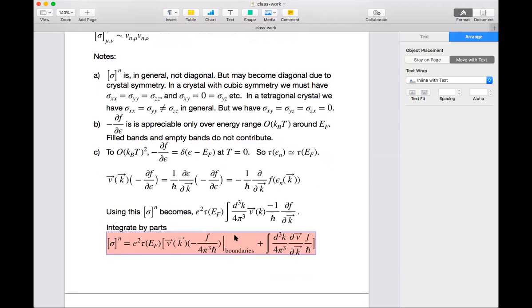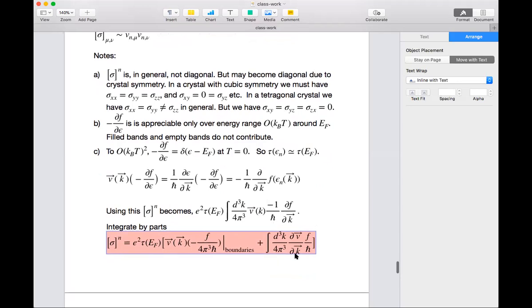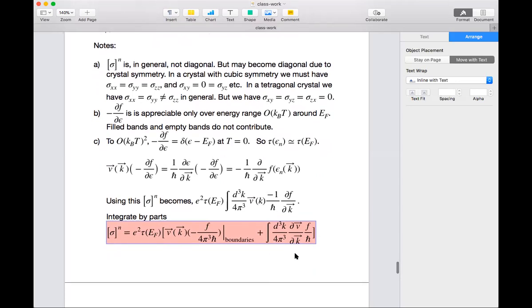Now, when you take the limits at the boundaries, v times f is a periodic function. So when you are integrating this over the Brillouin zone, it becomes 0. So you are left with only the second term here, del v del k times f.